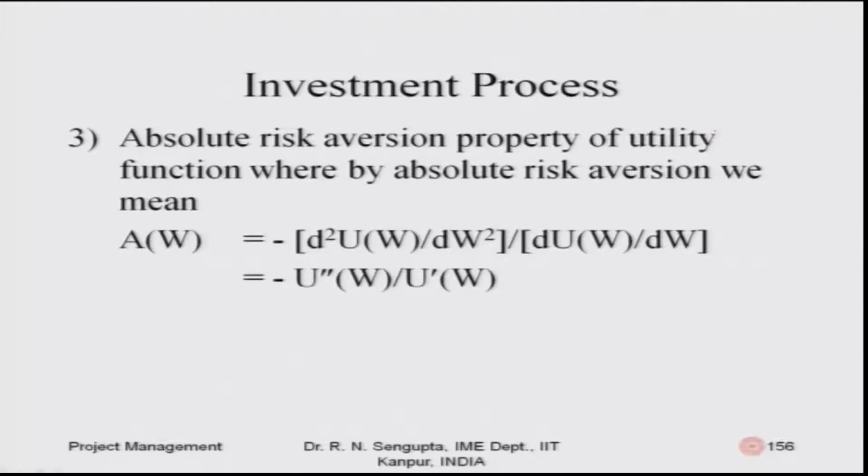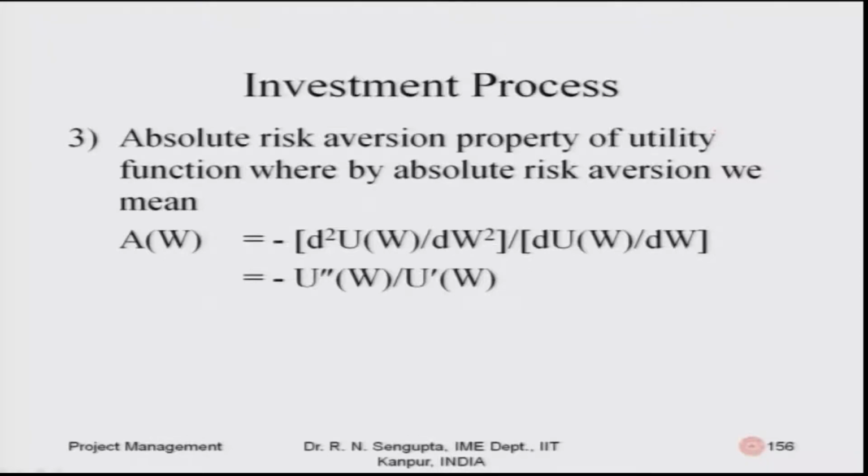So, A(w), which is the absolute risk aversion utility function, is given by negative of u double prime divided by u prime. Now, if you see this term, u prime is always positive. So, the property of A(w) would depend on u double prime. If u double prime is positive, positive multiplied by negative 1 will be negative in nature.